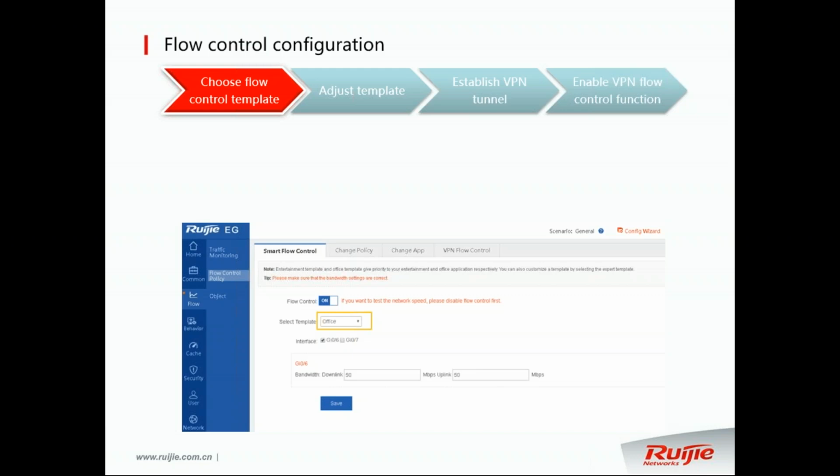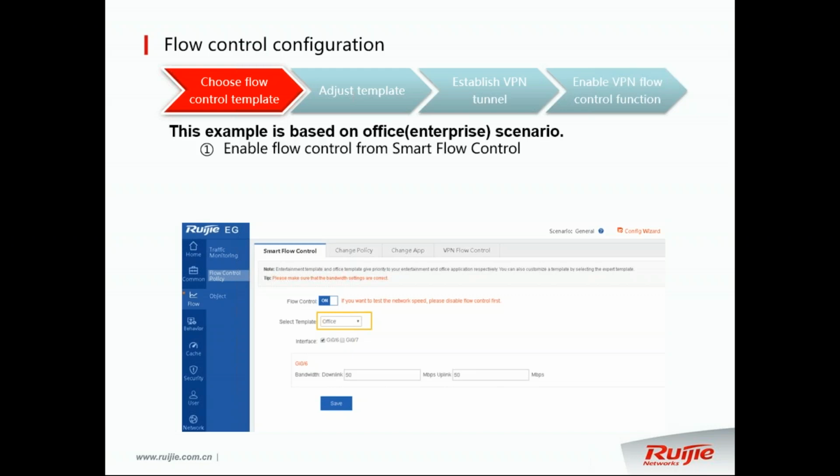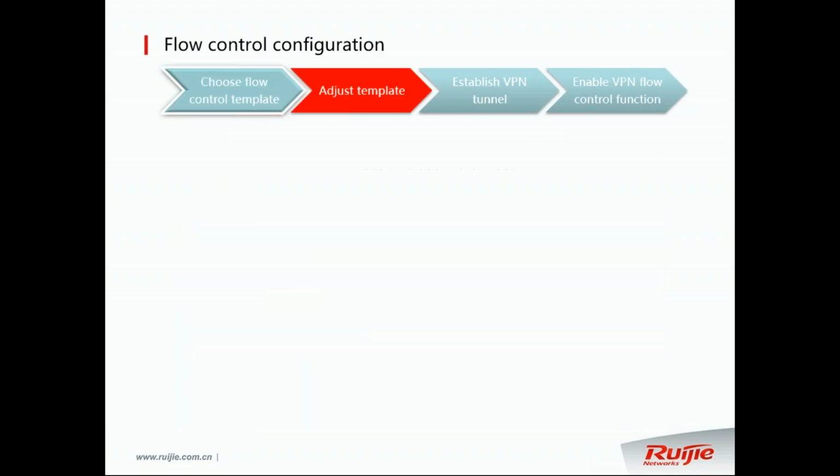This is just the normal enterprise requirement. So it's already in the key channels in our office template. So in this example, we do not need to test it. We just choose it. Because different templates put different applications in different channels.